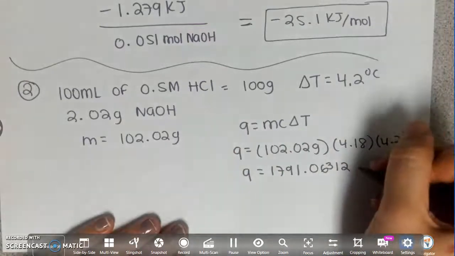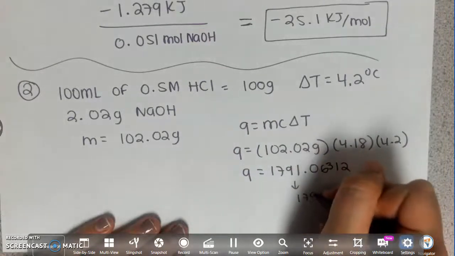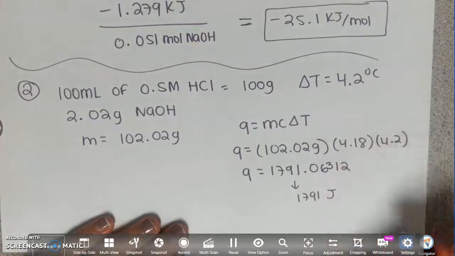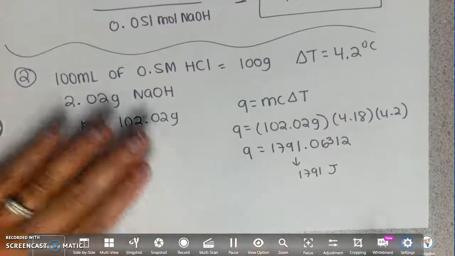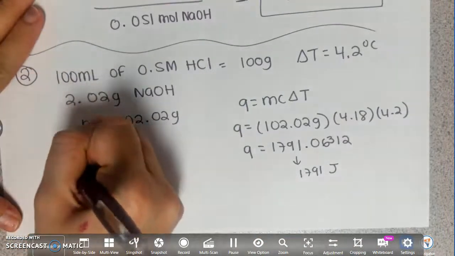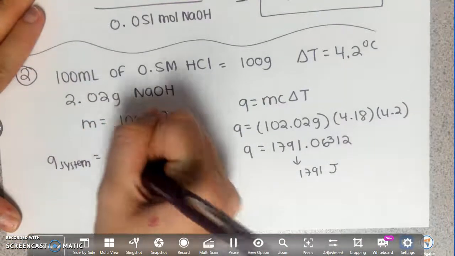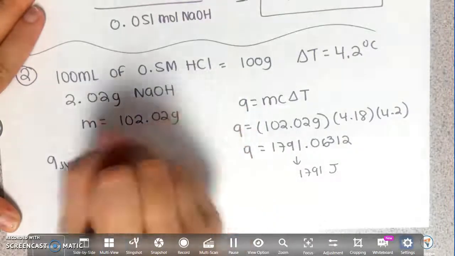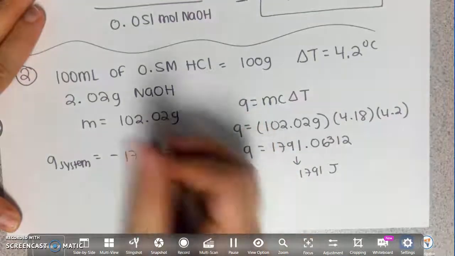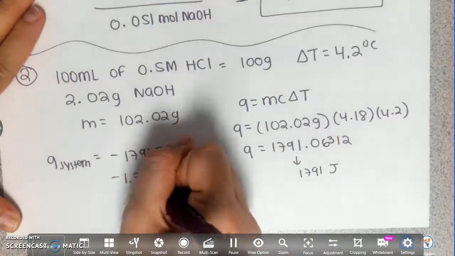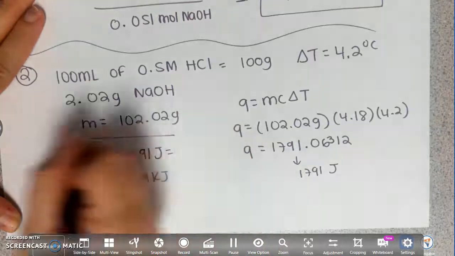I don't know why I wrote all those numbers. 1791 joules. And just as we said before, this is the Q of the surroundings. So the Q of the system is negative 1791 joules. And we know we're going to have to change that to kilojoules, so negative 1.79 kilojoules.